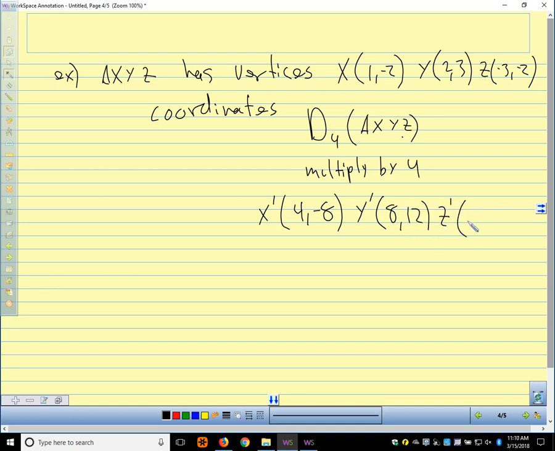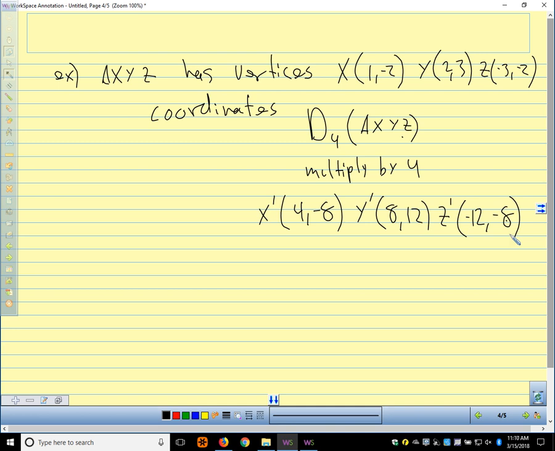And Z prime would be (-12, -8). Plot that new triangle, and you'd have a triangle 4 times as big as triangle XYZ. All right, questions there?